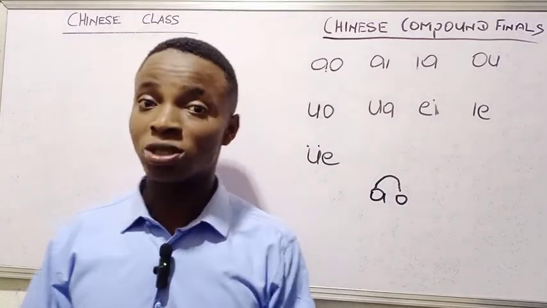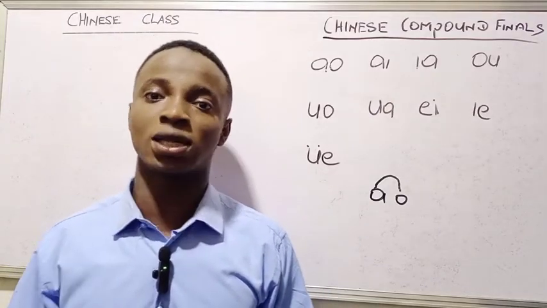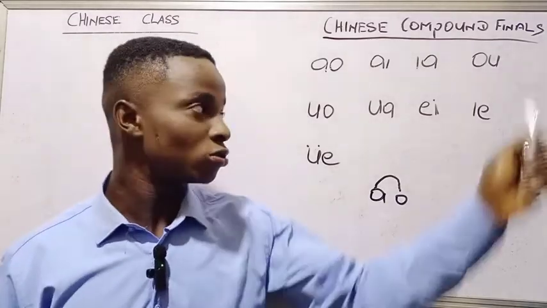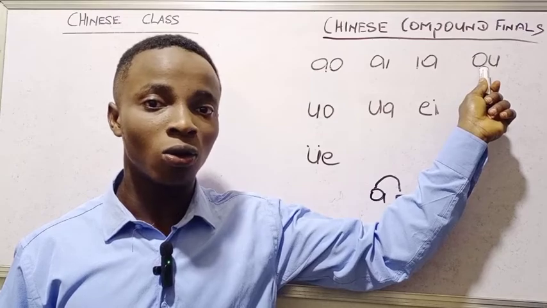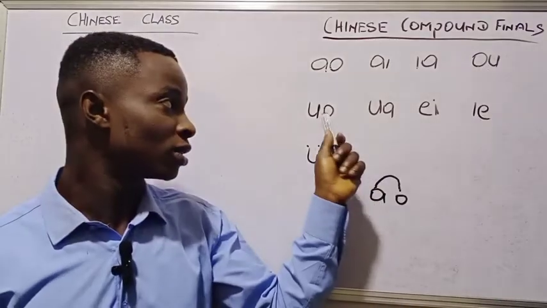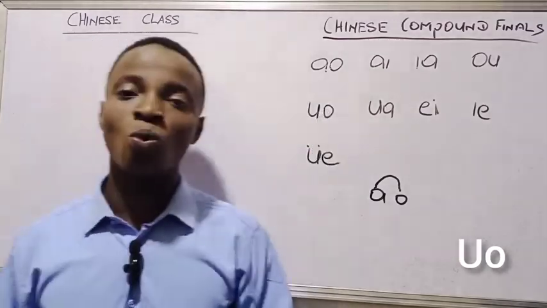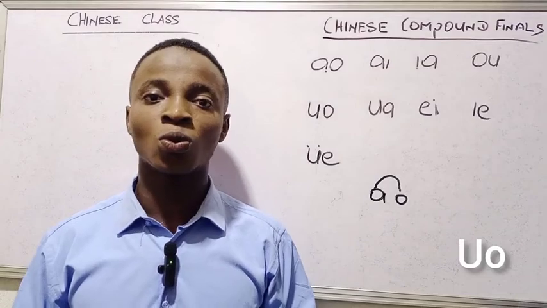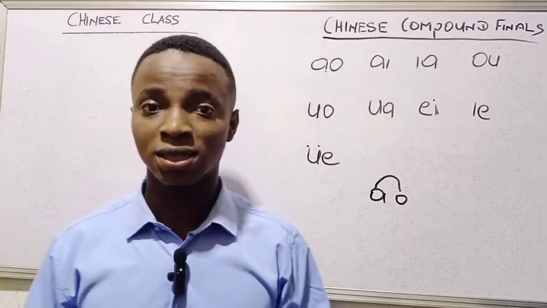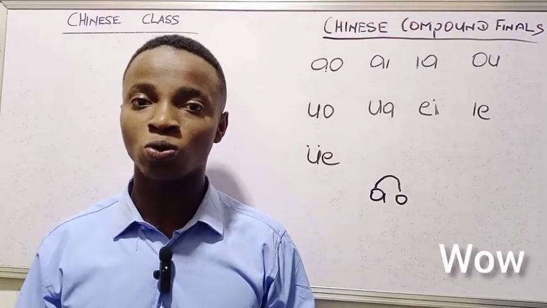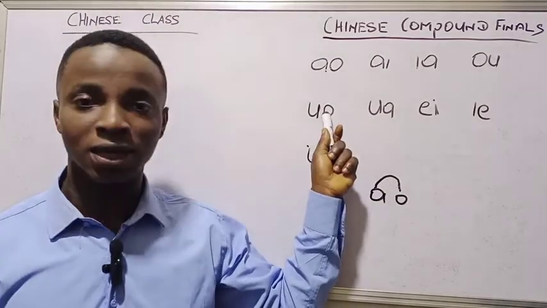Then the fourth one will have uo. Here, the same thing also applies. Use the English word oh to memorize this sound. Nice one. Then the fifth one will have wo. Here, you can as well use the English sound wow, W-O-W, to memorize this sound.